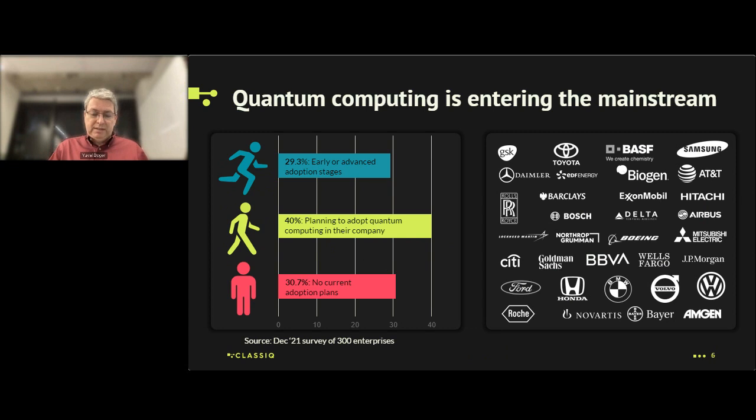It seems to us, at least, that quantum computing is entering the mainstream. This is a survey that was done in December of last year, and it basically asked companies where they are in their quantum journey. We see that about 30% of companies are in early or advanced adoption stages of quantum computing technologies, and another 40% are planning to adopt quantum computing for their company.